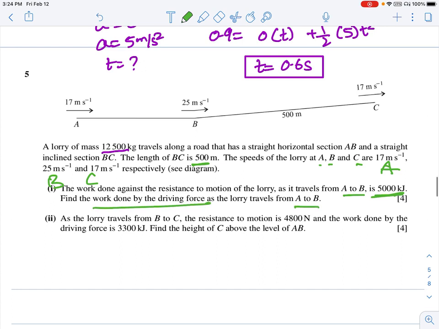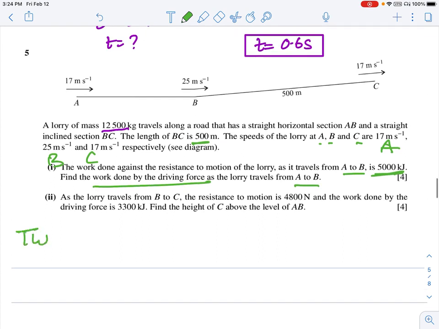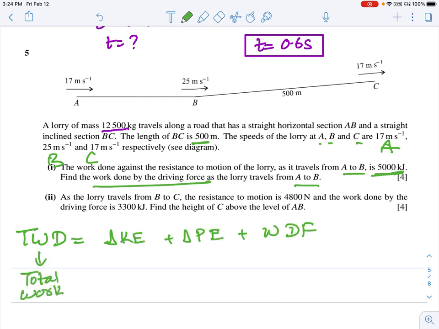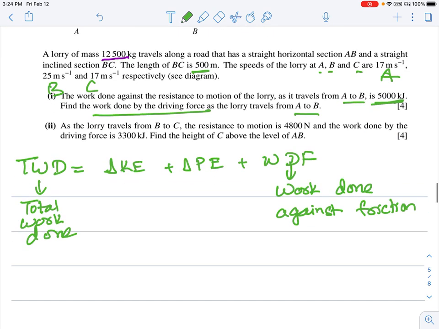So A to B. We have to use TWD is equal to delta KE plus delta PE plus WDF. What is all this? TWD means total work done. WDF, work done against friction. So we have to find TWD.